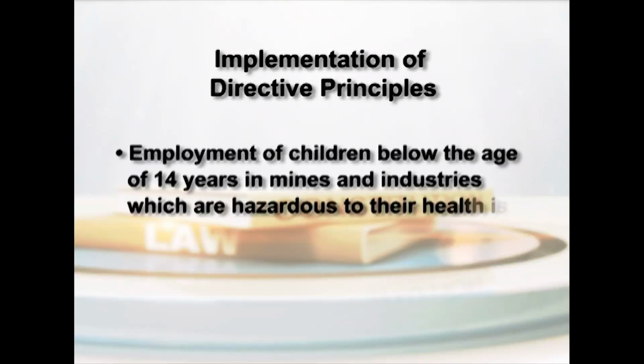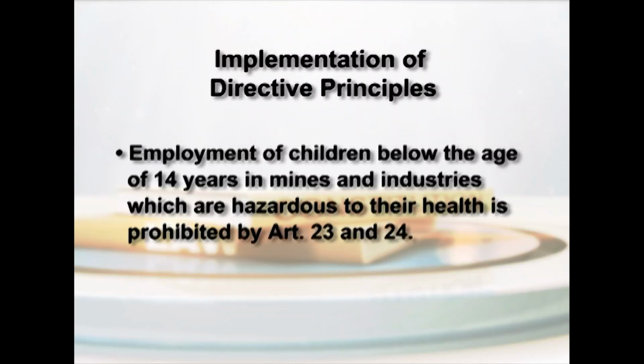Employment of children below the age of 14 years in mines and industries which are hazardous to their health is already prohibited by Articles 23 and 24, that is the fundamental right against exploitation. In spite of these provisions, the desired results have not yet been achieved. In most of the cases, parents' attitude is not conducive to the elimination of child labor.